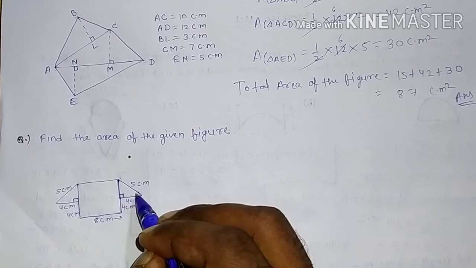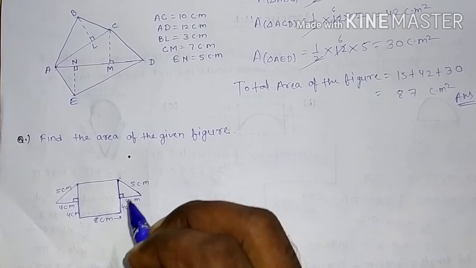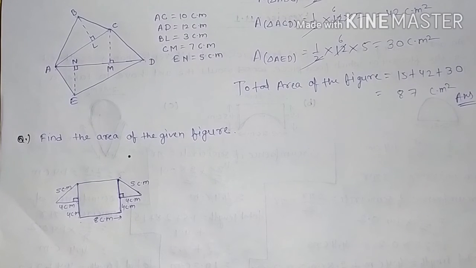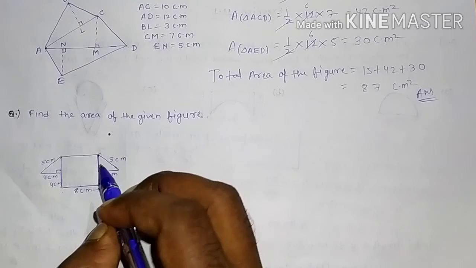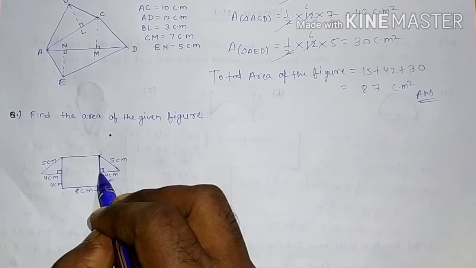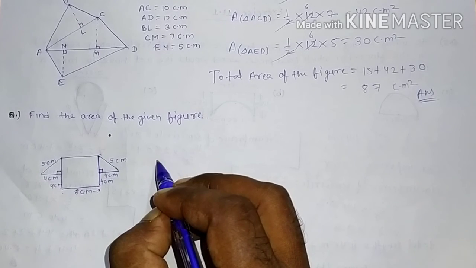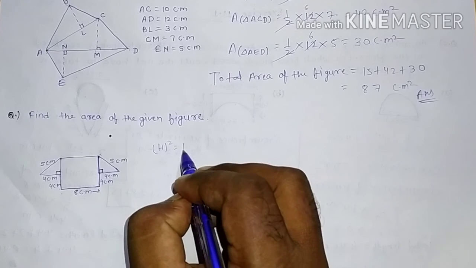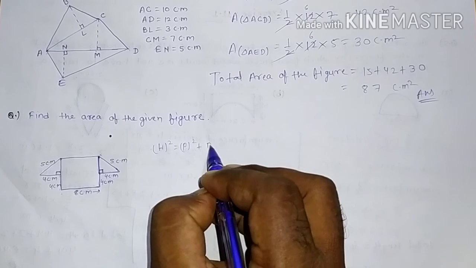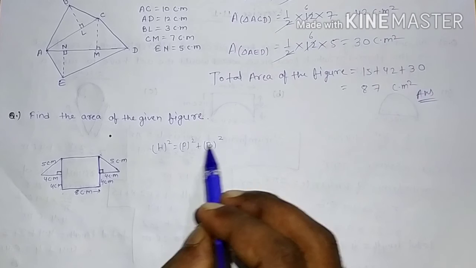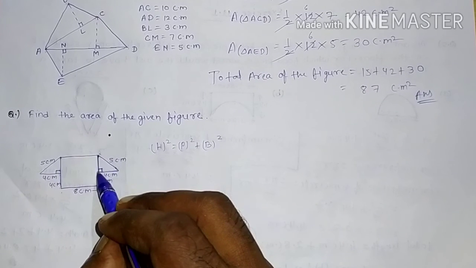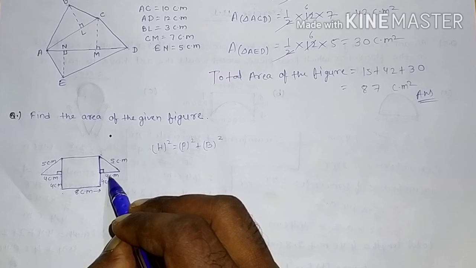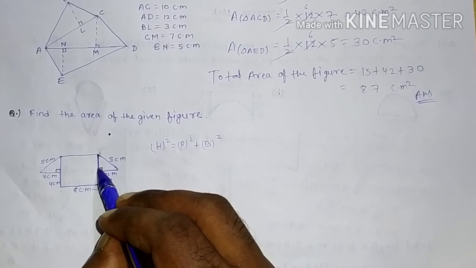Just apply Pythagoras theorem, that is hypotenuse square equals perpendicular square plus base square. This is the Pythagoras theorem, where hypotenuse is 5 centimeter and base is 4 centimeter. We have to find perpendicular.